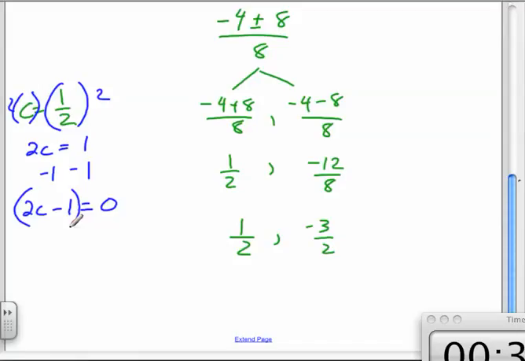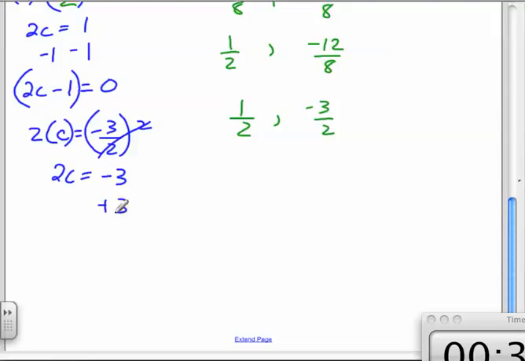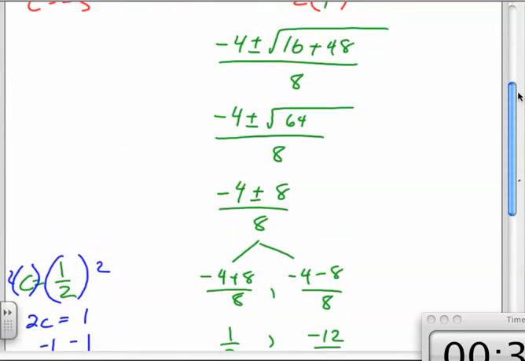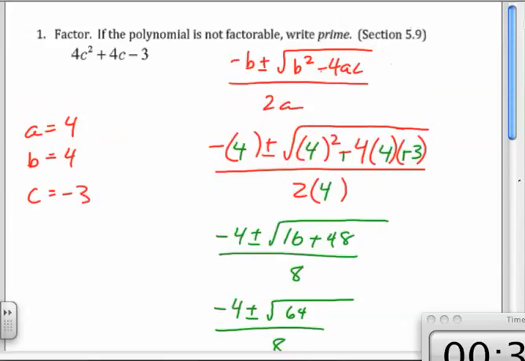Then I'm going to use the other one. I got c is equal to negative 3 over 2. Multiply both sides by 2, and I get 2c is equal to negative 3. Then I add 3 to both sides, and I get 2c plus 3 equals 0. That's the other factor.